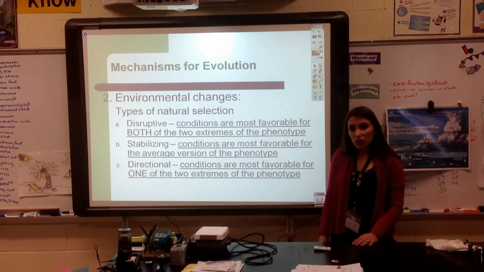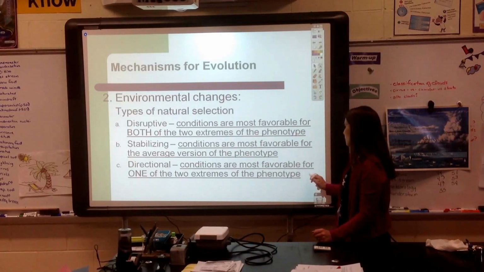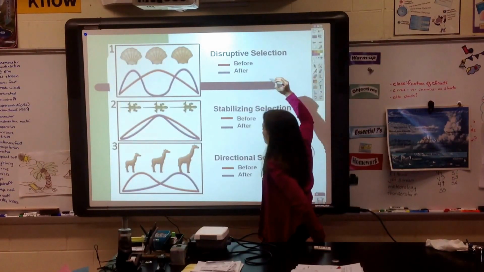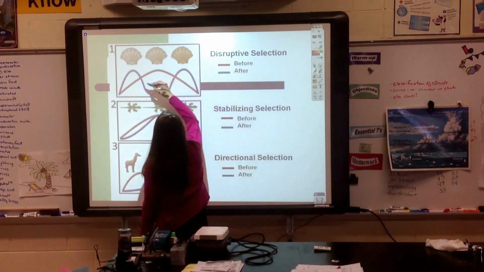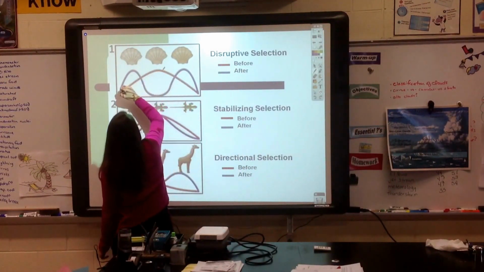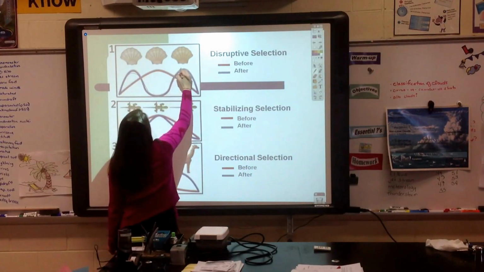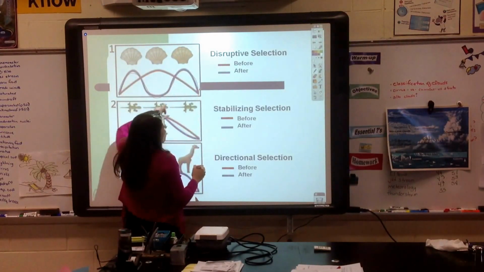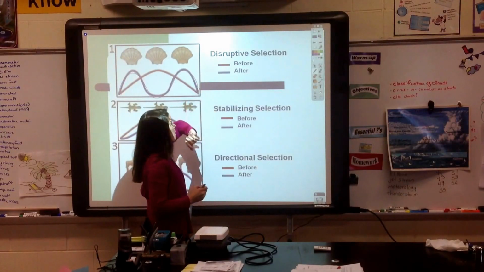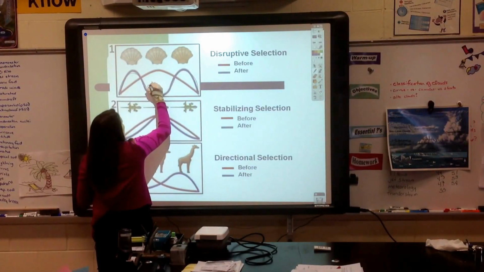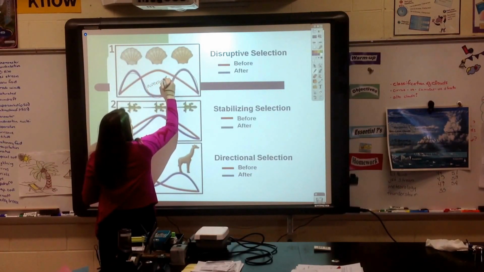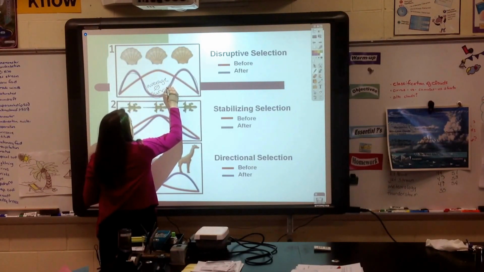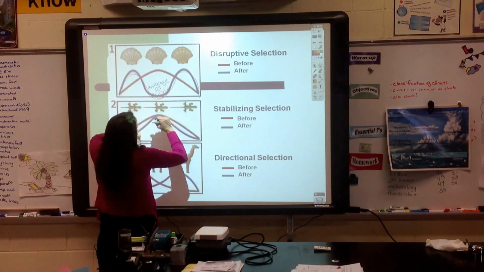So next, there's a really good picture that can help us see what these look like. Here's disruptive selection, this is before and this is after. So this is really the pattern. I want you to trace this pattern. When we have disruptive selection, the middle, the average, does not survive. See how there aren't very many in the middle?